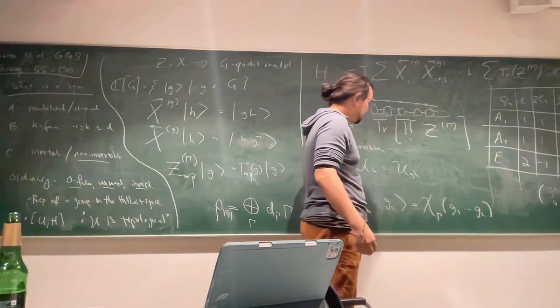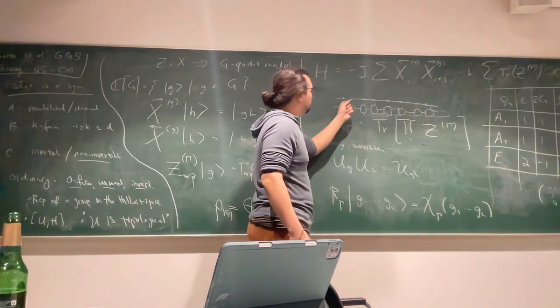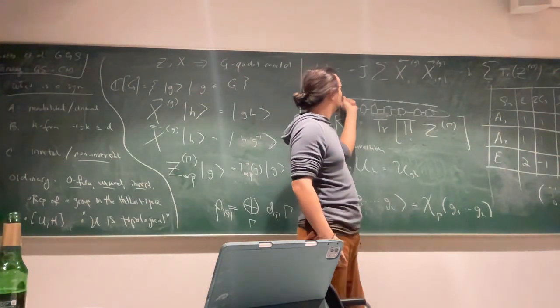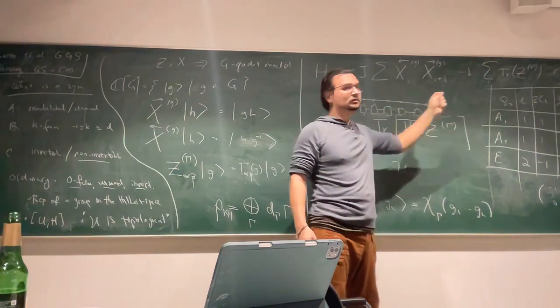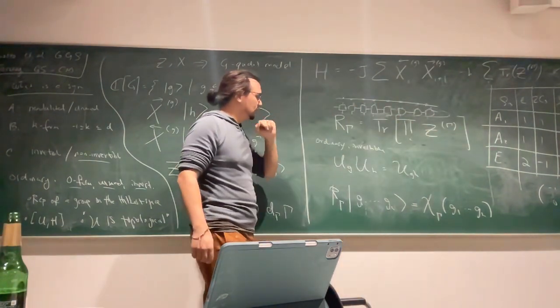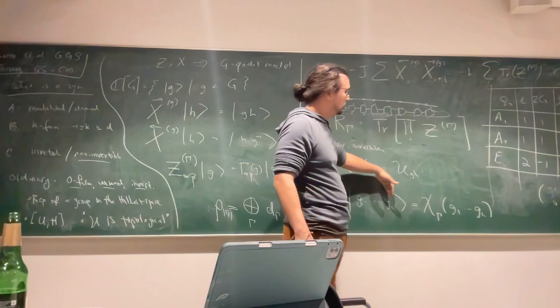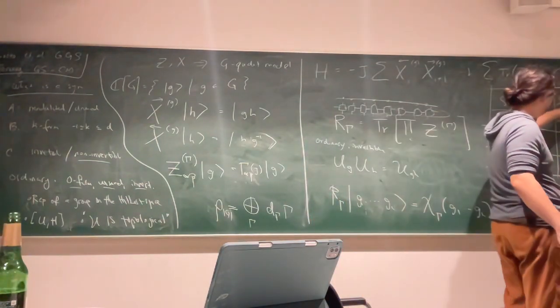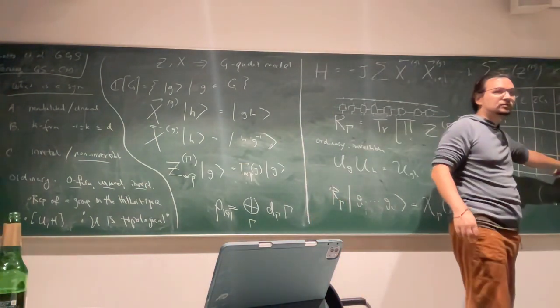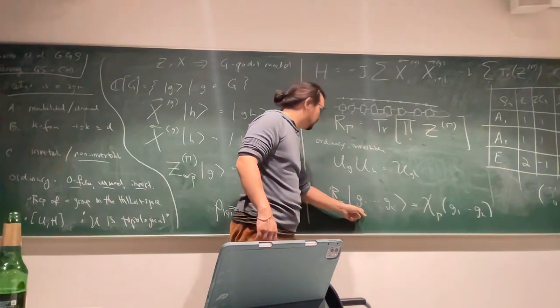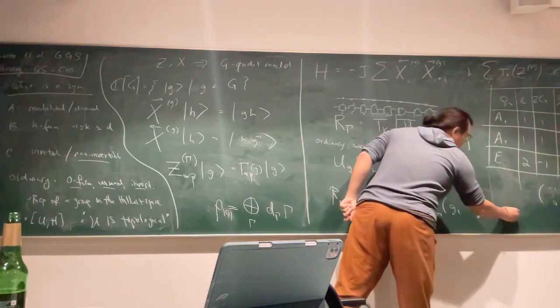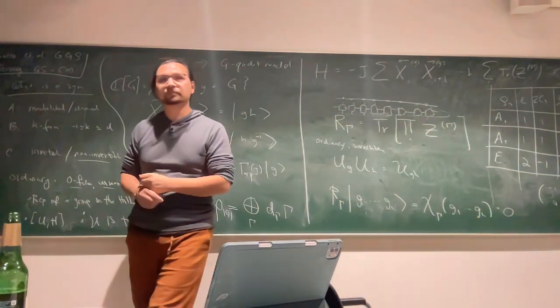So for any state of my chain, I'm just given some product state where I say, okay, G1 through GL on each site. If the product of all of those is a reflection, here it has character 0, and then this state will be annihilated by this operator.